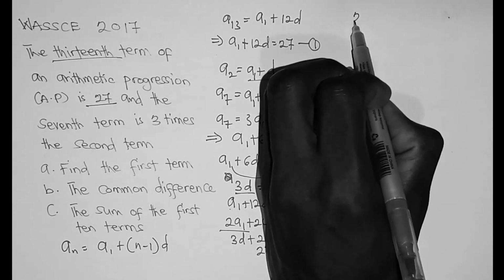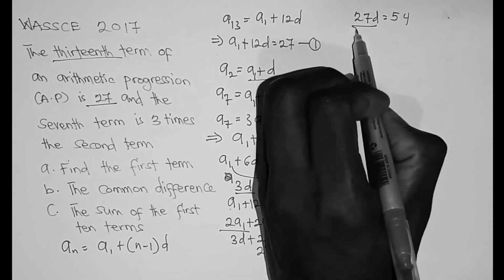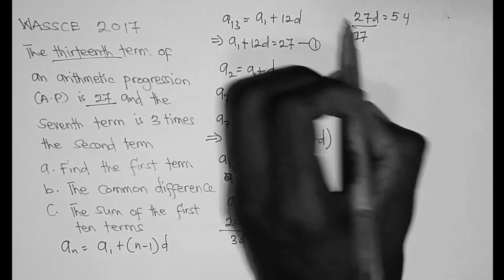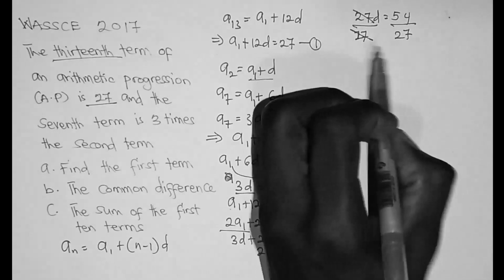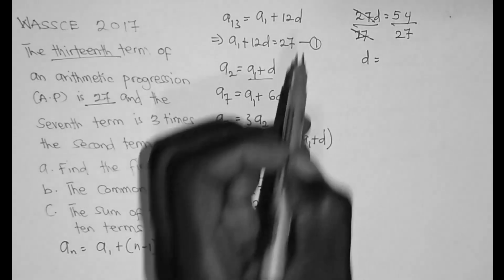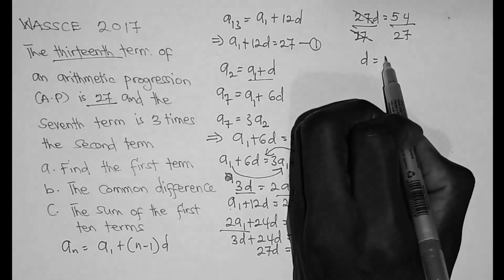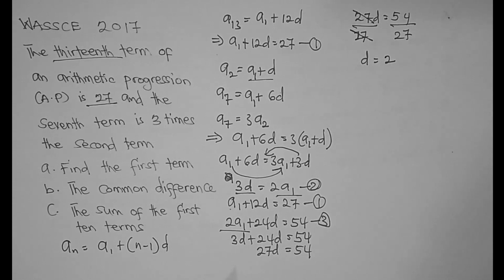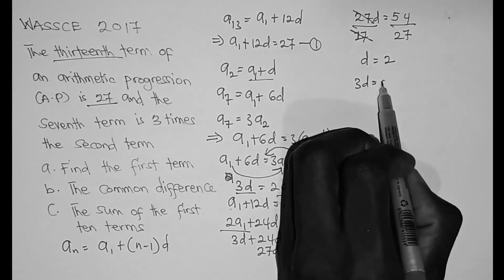So we are saying that 27D is equal to 54. Let's divide through by 27. So this and this cancel. At the end of the day, D is equal to 54 divided by 27, and that is 2. So D is equal to 2. Since we know D is equal to 2, from equation 2 we said that 3D is equal to 2A1.